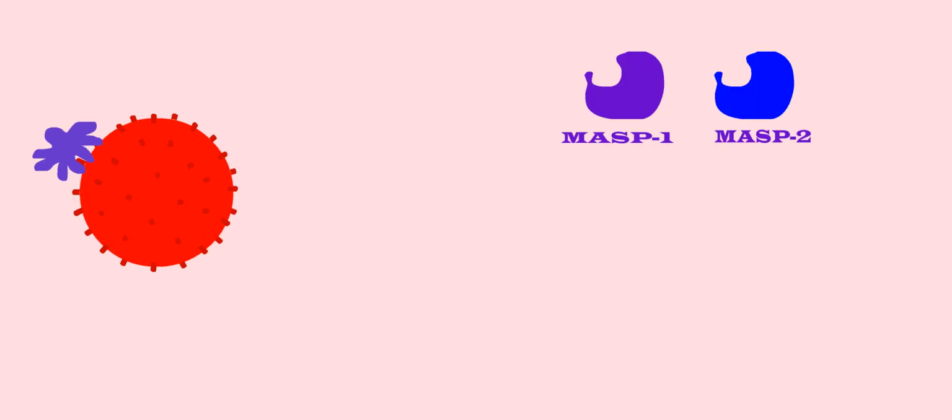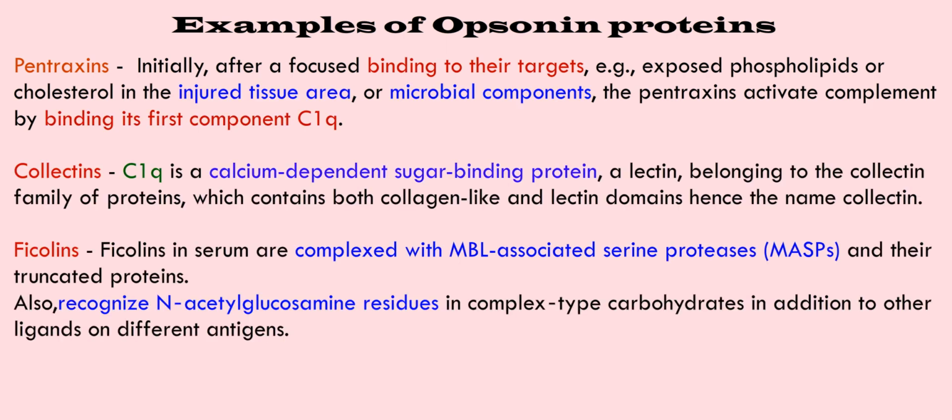After MBL binds to the foreign surface of pathogen, specific protease, MASP1 and MASP2 bind to it and form the C1-like active complex. Later it causes cleavage and activation of C4 and C2 to produce C3 convertase without the need of specific antibody binding. A number of circulating proteins like pentraxins, collectins, and ficolins also serve as opsonins.